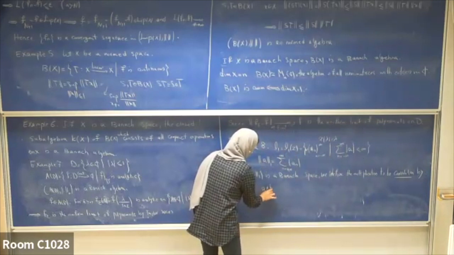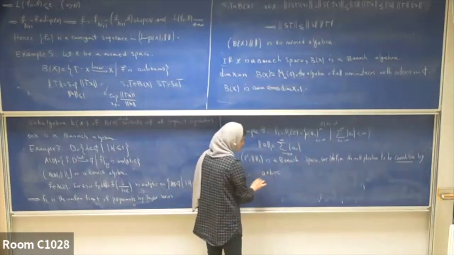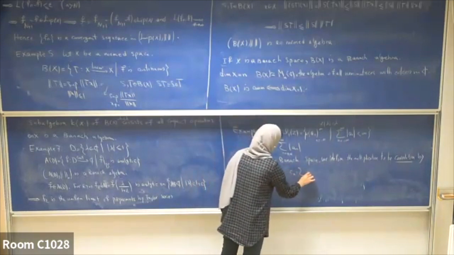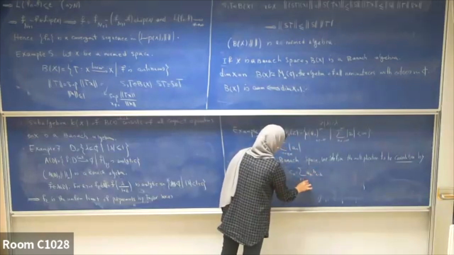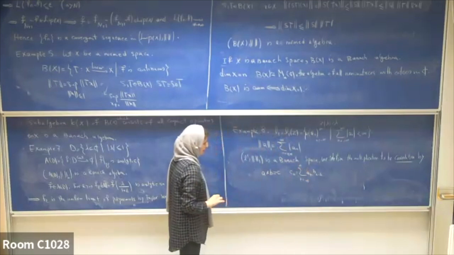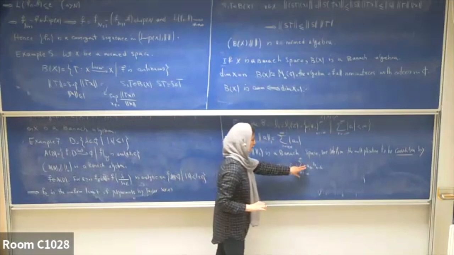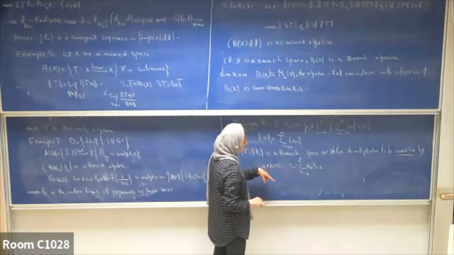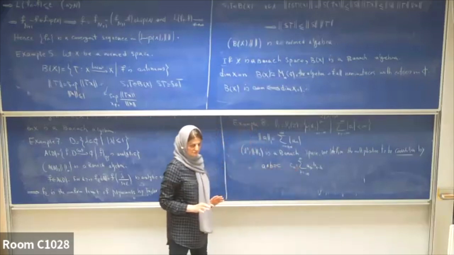A star B is a sequence C such that the n-th entry is the sum of A_k B_{n minus k} from minus infinity to infinity. Of course, when A is in L1, this is bounded, and B is also in L1, so this summation is well defined.